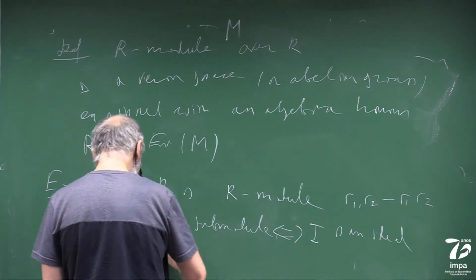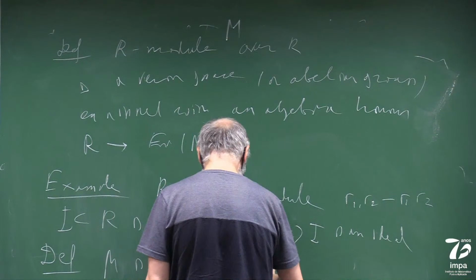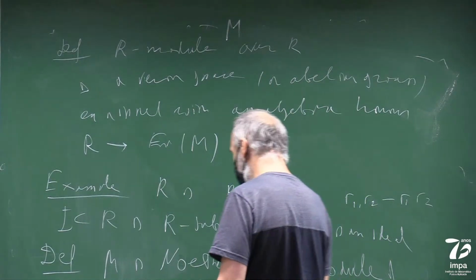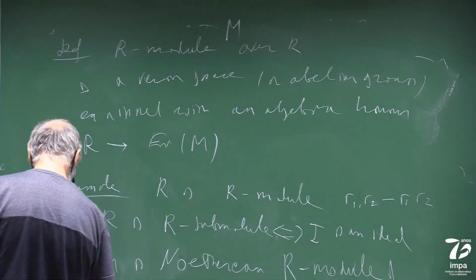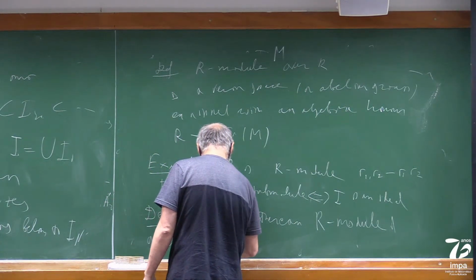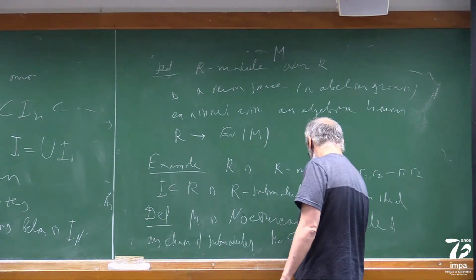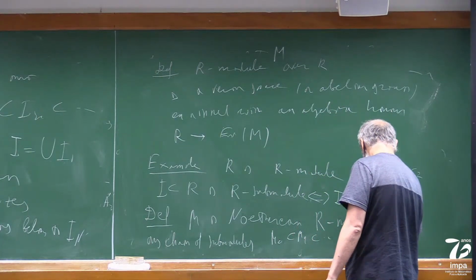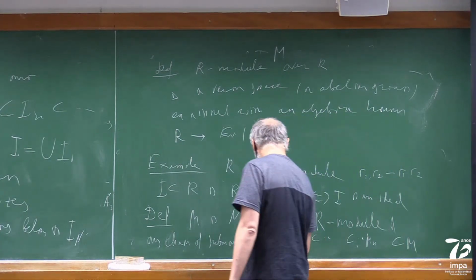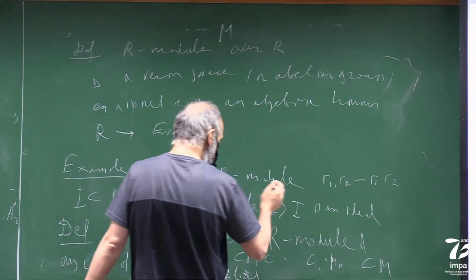M is a Noetherian R-module if any ascending chain of submodules M0 inside M1, inside and so on, inside Mn, and everything in M, we wanted to stabilize or terminate.